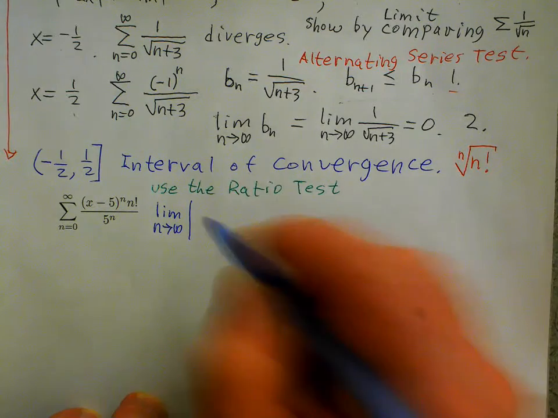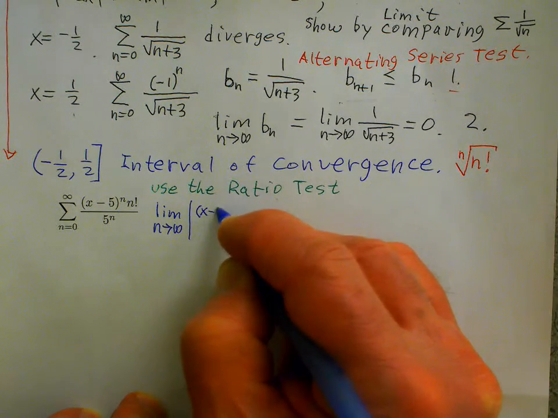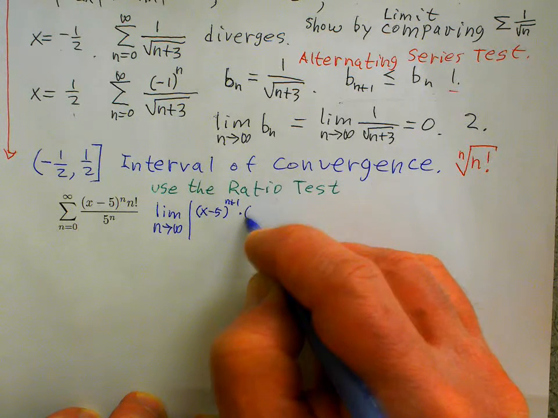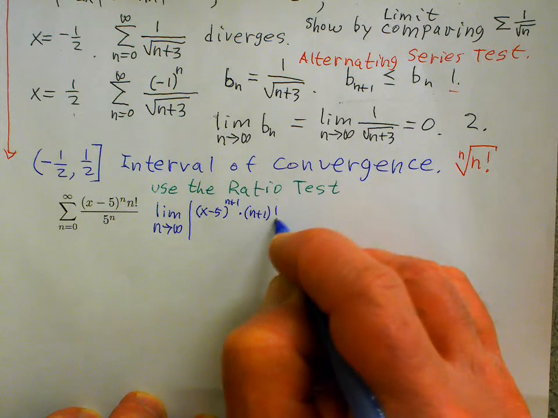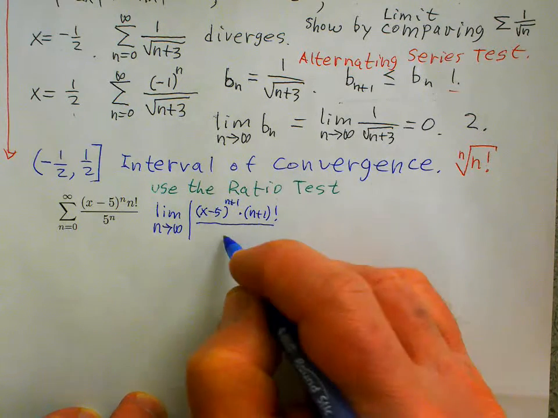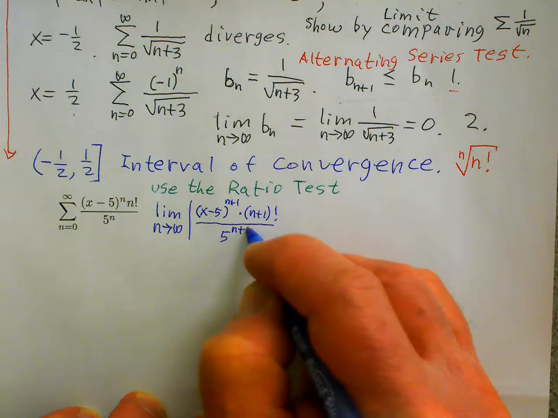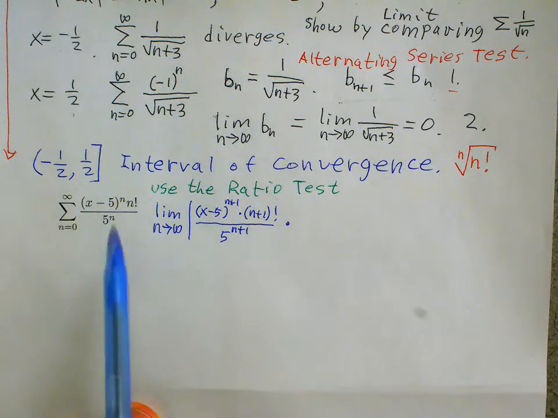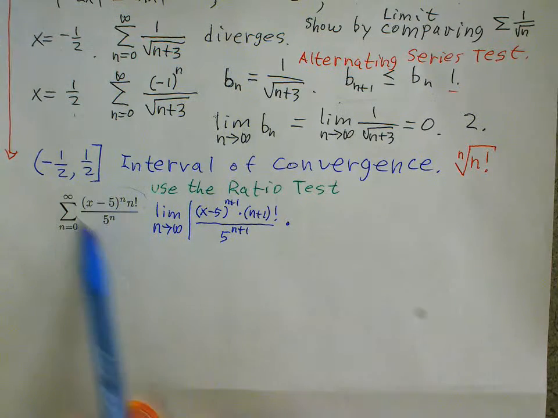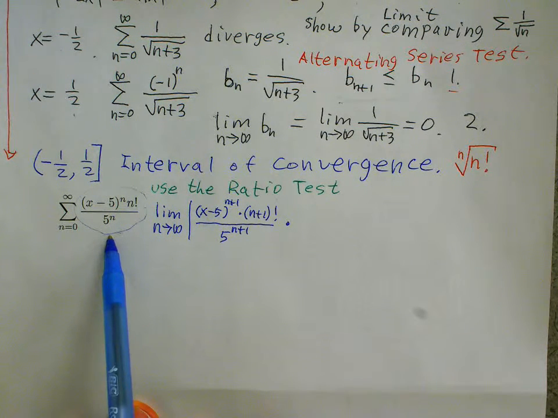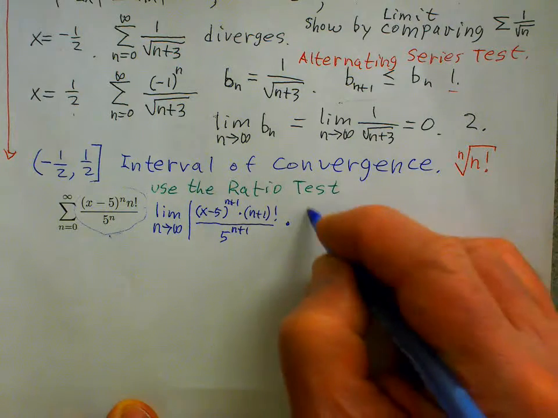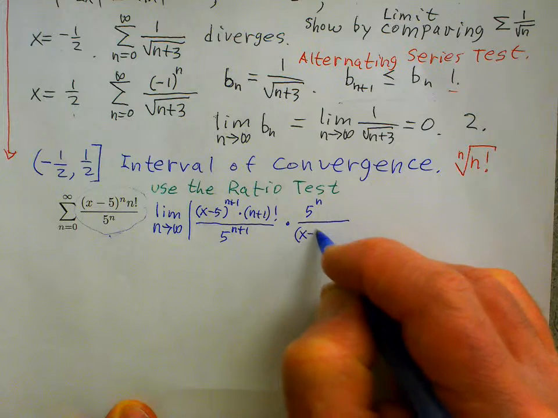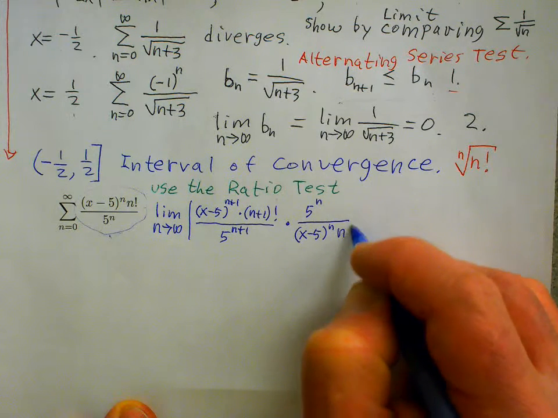The n plus first term is (x minus 5) to the n plus 1 times (n plus 1) factorial divided by 5 to the n plus 1. Then we multiply that by the reciprocal of the nth term. So the nth term is just the term that we're looking at in the series. So the reciprocal of that is 5 to the n over the quantity (x minus 5) to the n times n factorial.